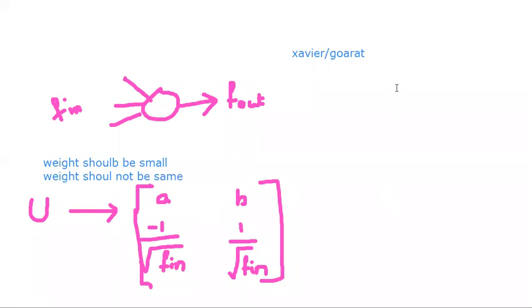Here we have two kinds: Glorot normal distribution as well as Glorot uniform distribution. These are the two different weight updation methods.